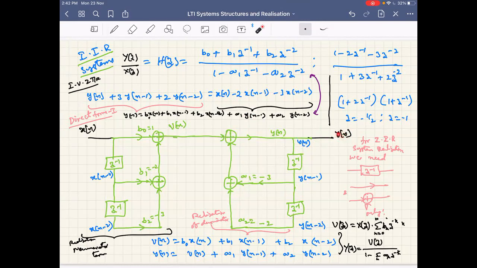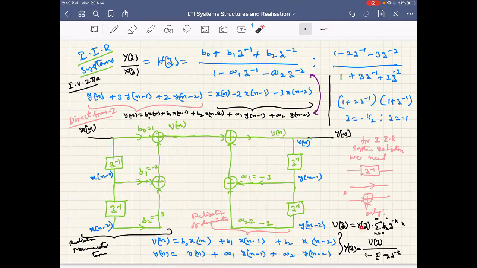You should know, given this structure, how to write the input output relationships. As you can see here, v of n is equal to b naught into x of n plus b1 into x of n minus 1 plus b2 into x of n minus 2. Similarly, y of n is equal to v of n plus a1 into y of n minus 1 plus a2 into y of n minus 2, which is written here.